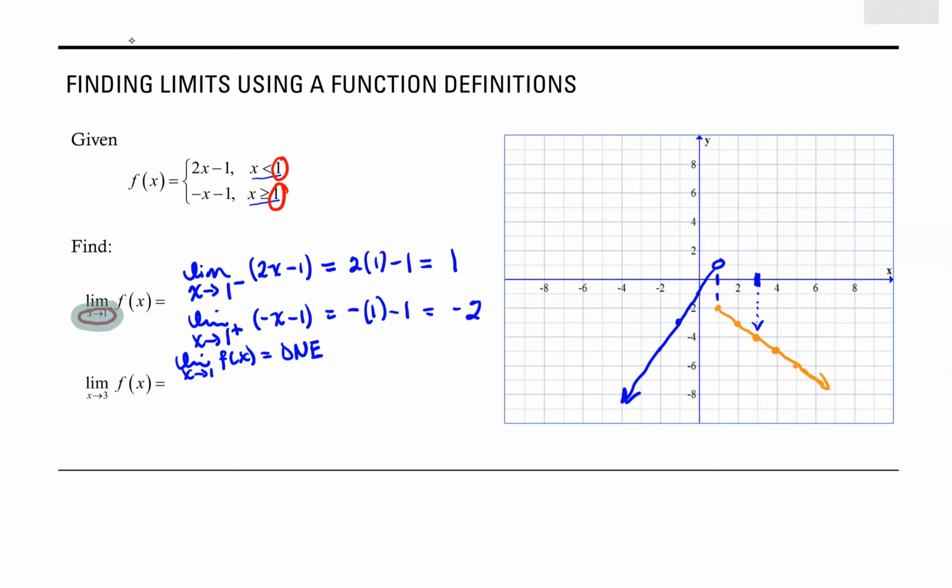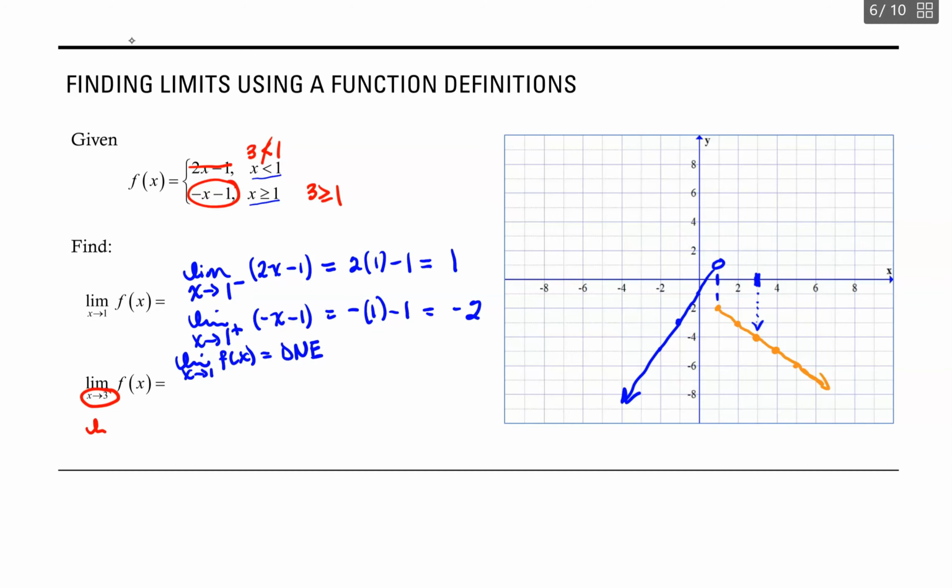This time, we're interested in when x approaches 3. Well, 3 is not less than 1, so we're not using the 2x minus 1 piece of the function. 3 is greater than or equal to 1, so we will be using the negative x minus 1 portion of the function.